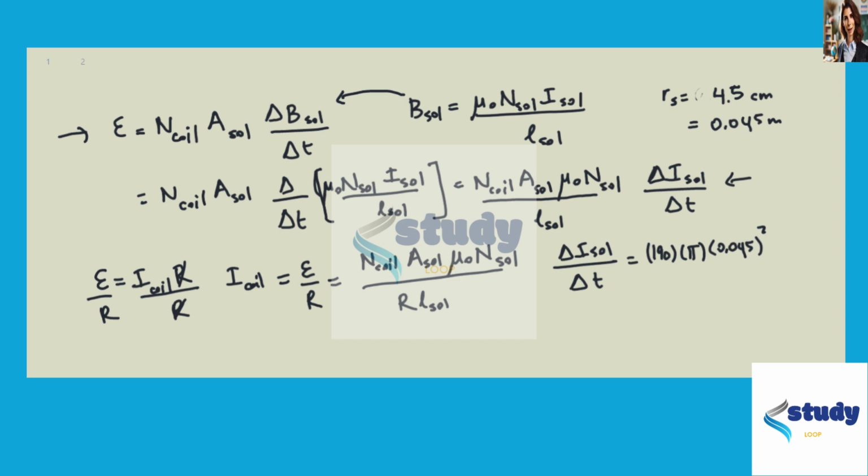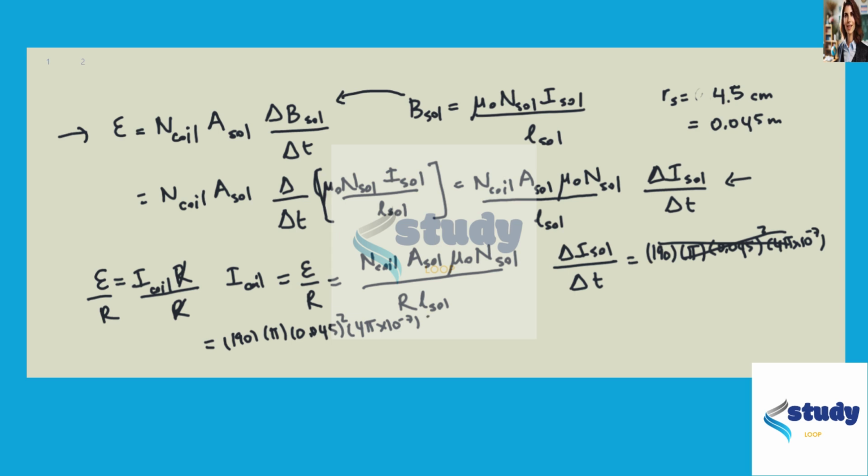Mu naught would be 4 pi times 10 to the power of -7. Well, it's not going to fit in here. Let me carry everything here, okay? Number of turns times pi times 0.045 squared times mu. The value of mu is this. And then we have number of turns divided by L solenoid, right? This is what we were given.